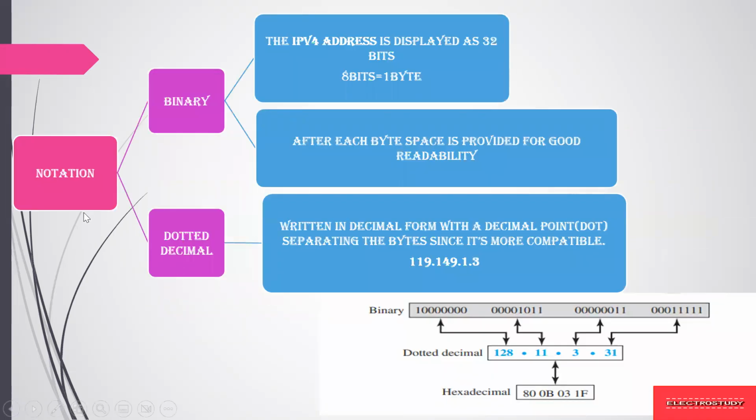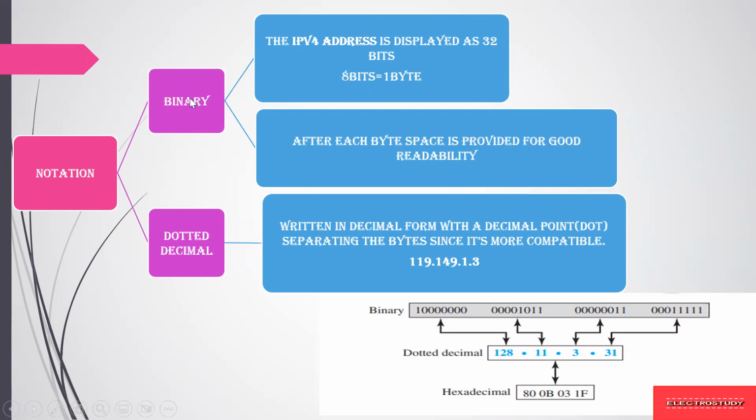Next, there should be some notation followed for writing an address. There are three common notations to show IP addresses: binary notation, dotted decimal notation and hexadecimal notation.